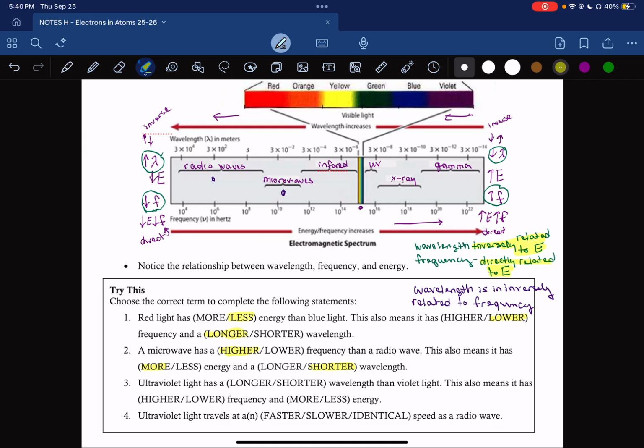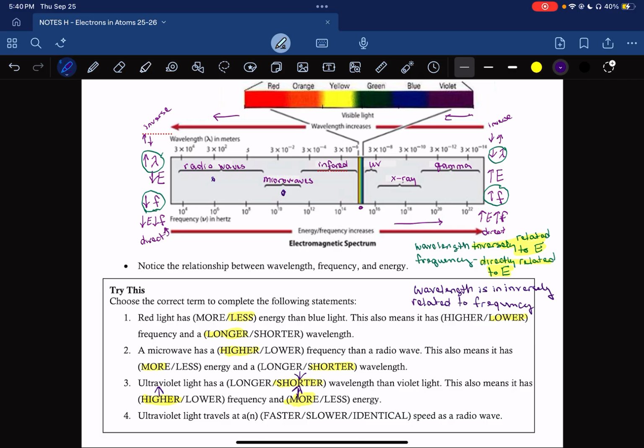And if we have more energy, that means that we must have a shorter wavelength. And if we have a shorter wavelength, it's going to have a higher frequency and more energy. Because if we're shorter for a wavelength, we have to be going in this direction for energy and frequency because they're inverse.